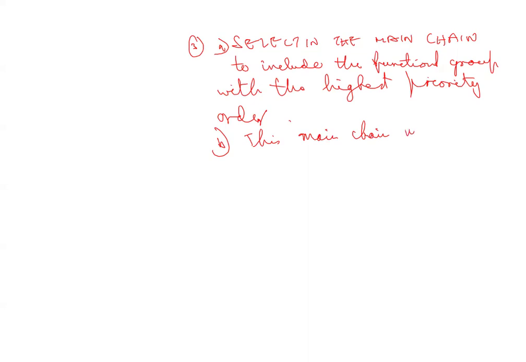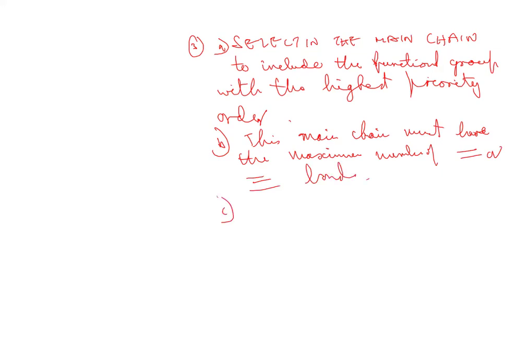The main chain must have maximum number of double or triple bonds, which we also call subsidiary groups. Okay. Then after that, we go for the chain with the maximum.